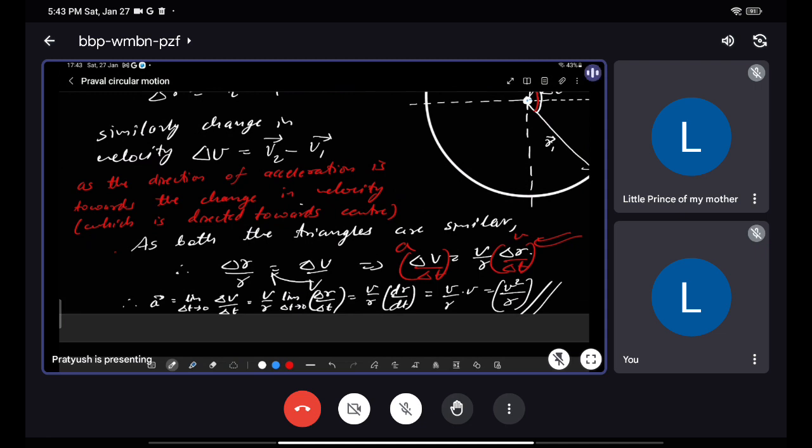So we will get acceleration. Getting it? So ultimately what do we get? V square upon R.